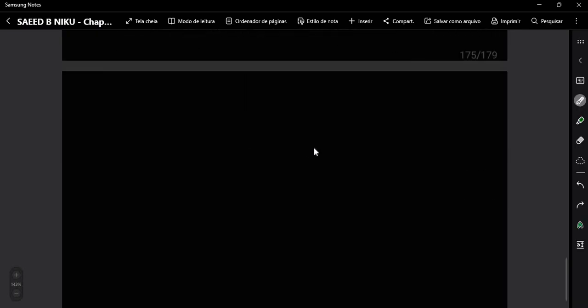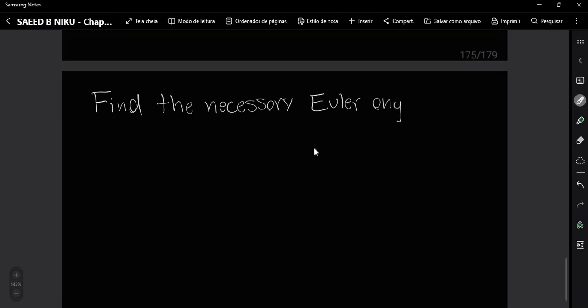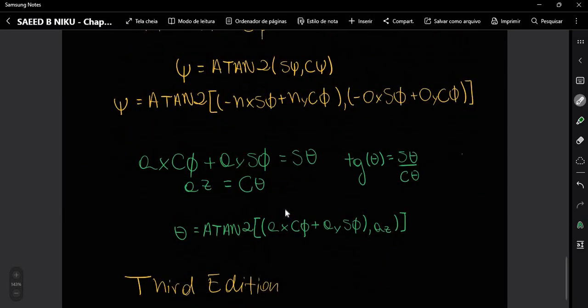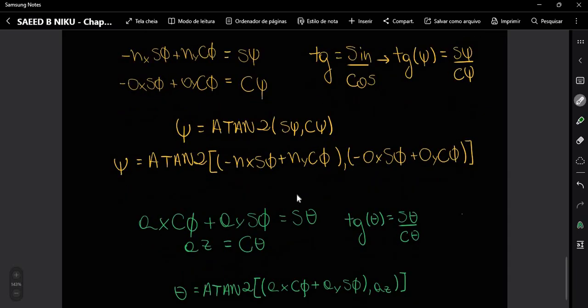And he asked us to find the necessary Euler angles. Okay, and this will be easy because we already have solved for each of these angles, phi, theta, and psi.